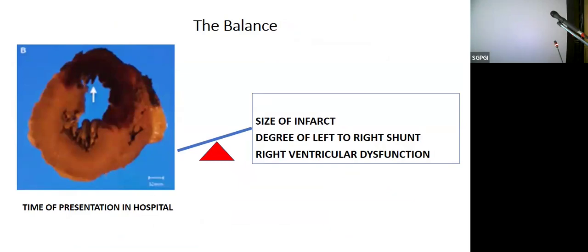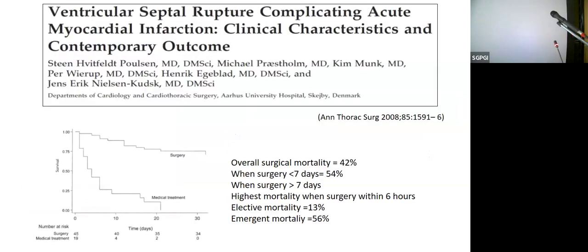When operating, the major challenge for the surgeon in VSR is to have a rim where he can put a suture that won't give way. Once this challenge is tackled, the result will be good.